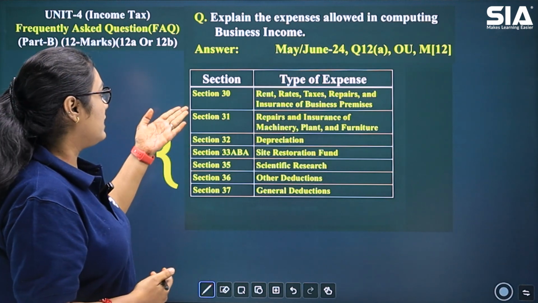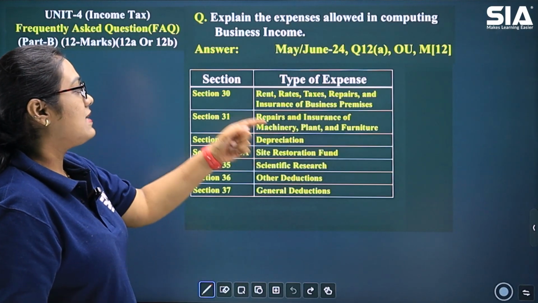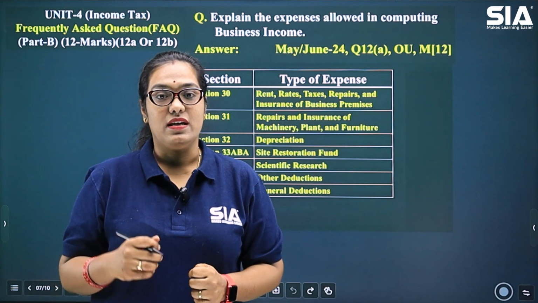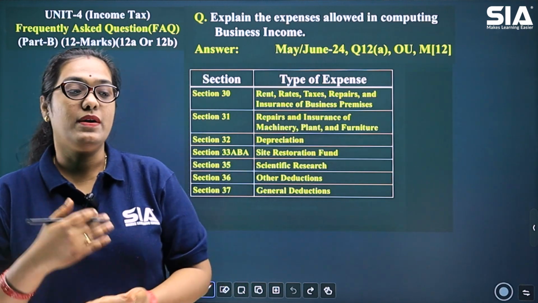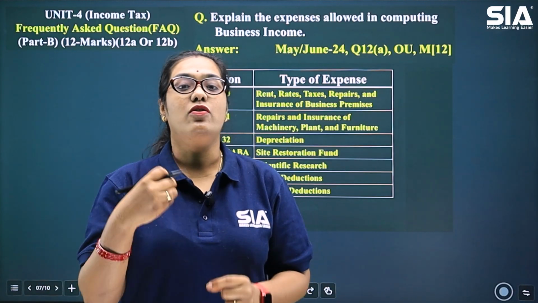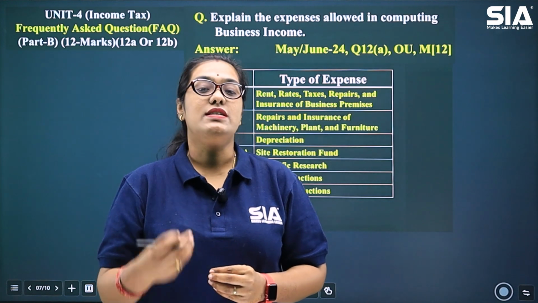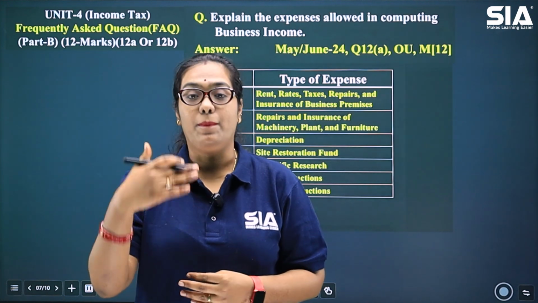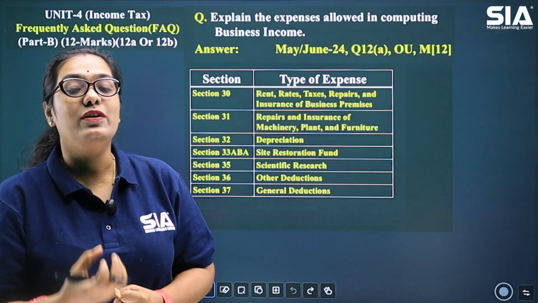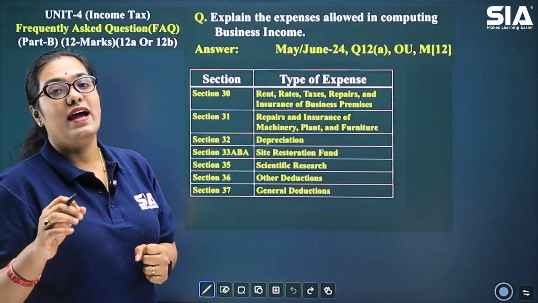The first one, as you can see over here, is rent, rates, taxes, repairs, and insurance of business premises. When a person is running a business and pays any kind of rent or incurs any kind of expense, like rent or any kind of repair, any recurring, that is revenue, nature of expense, then those expenses are allowed as deductions.